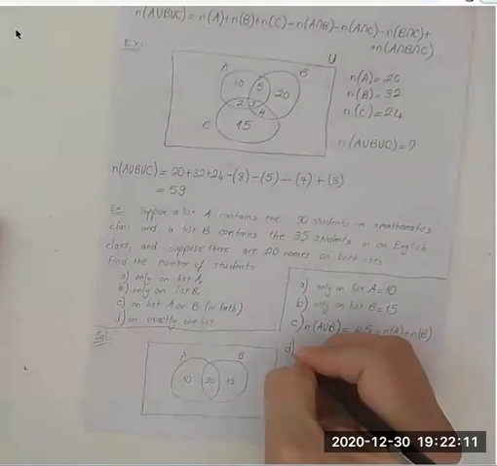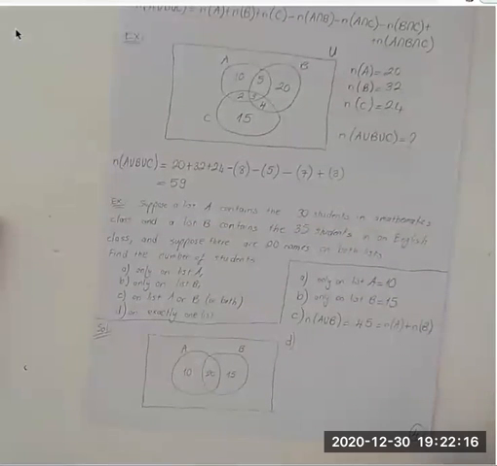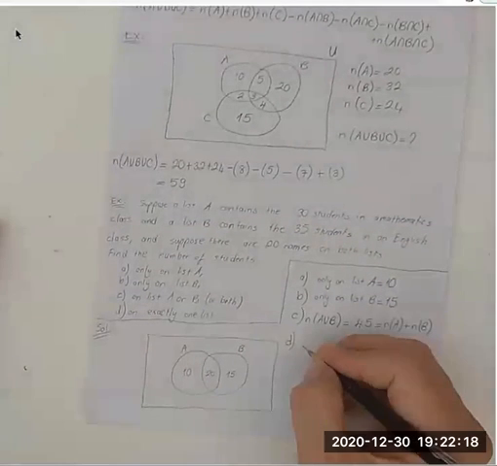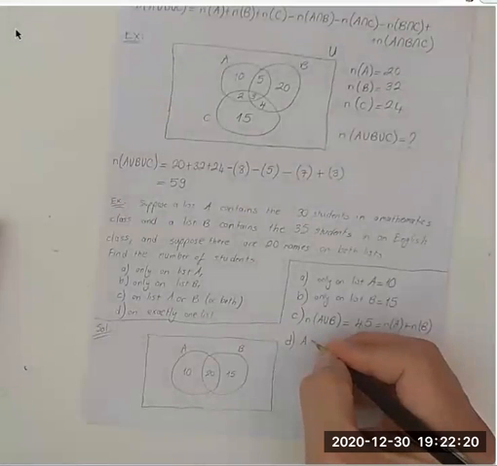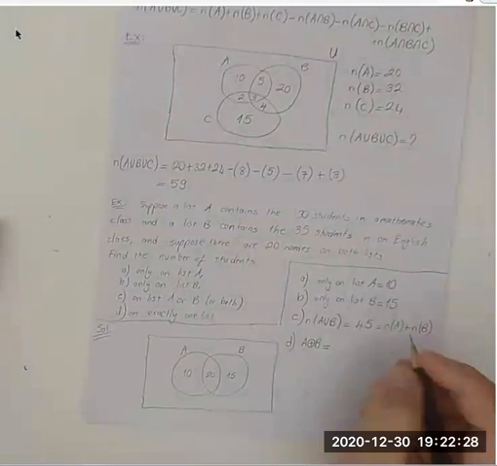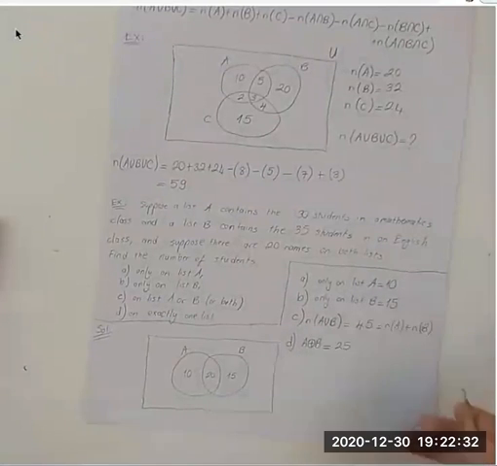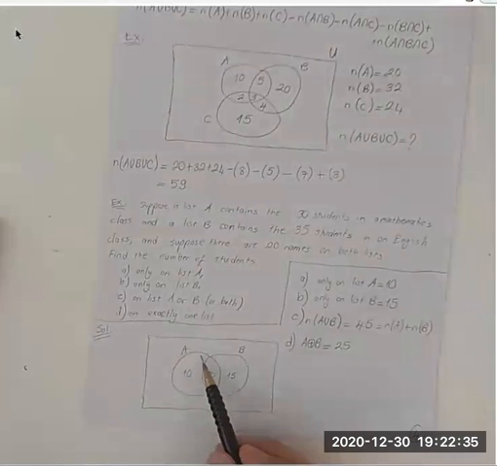Symmetric difference means only A and only B, and 10 plus 15 is 25. Yes, exactly. In exactly one list, there will be 10 plus 15, which is 25 students. Okay, let's continue.